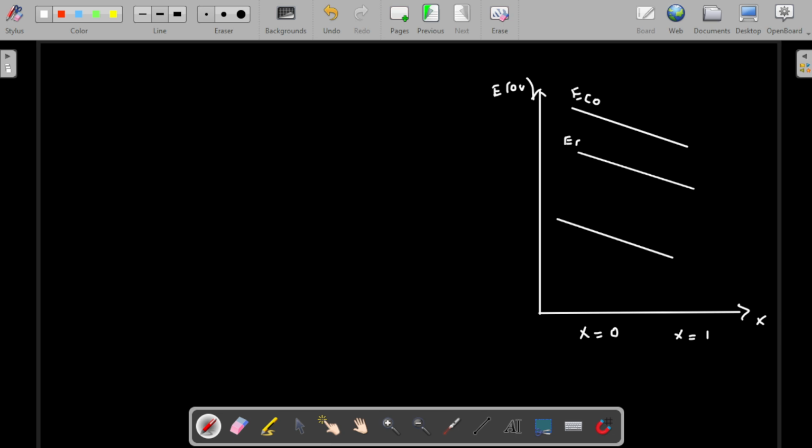At X equal to 1, this is EC1 and this is EF1. This is the same as EV; they haven't given certain information about this. So let's take the Fermi level also similarly, EFI0 and EFI1. Okay, so let me draw it.